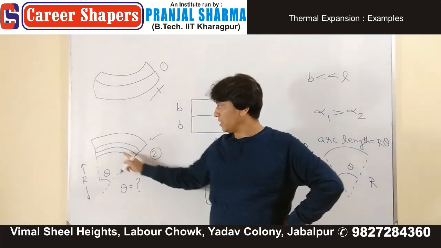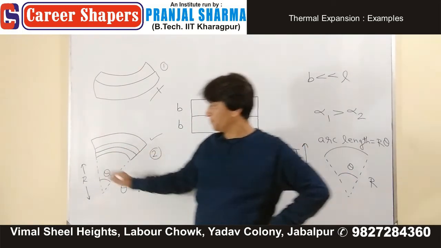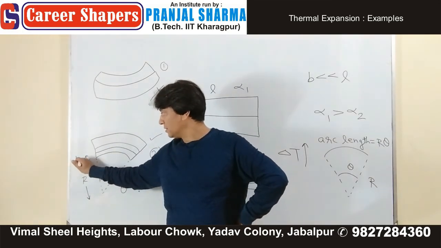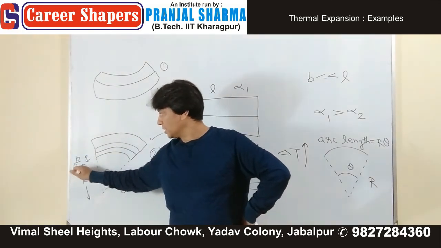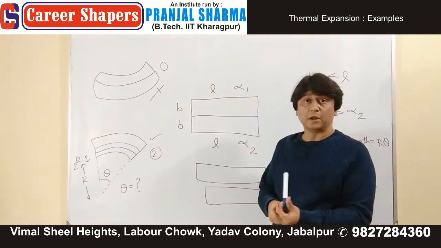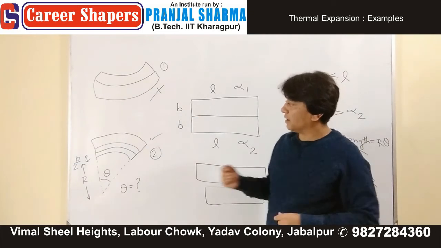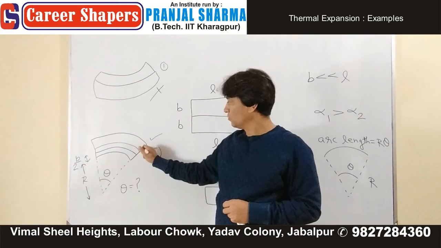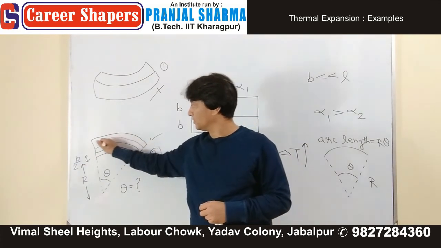Mean radius will be for this part. How much you need to add? B by 2. Similarly, when we go for mean radius of the upper plate, we'll be taking this.